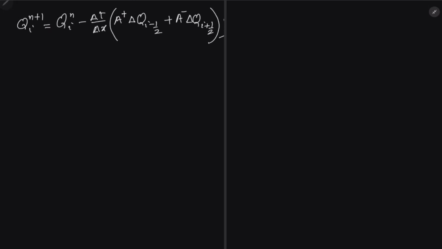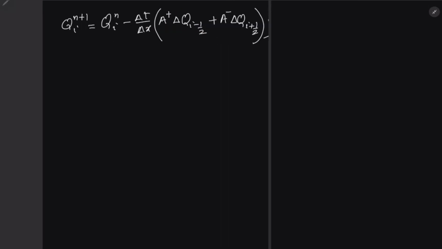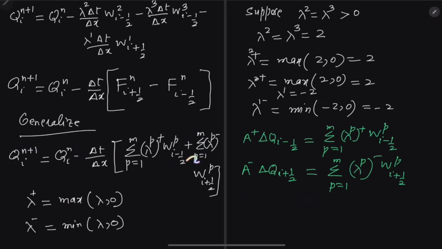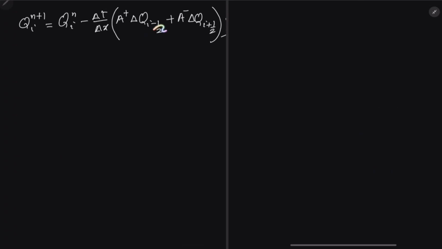That's how we write it. You can see that there is a negative sign. I'm sorry, there is a positive sign. In the previous formulation, for example here, we already have a negative sign all the way in all the terms. But here there is a plus sign over here.